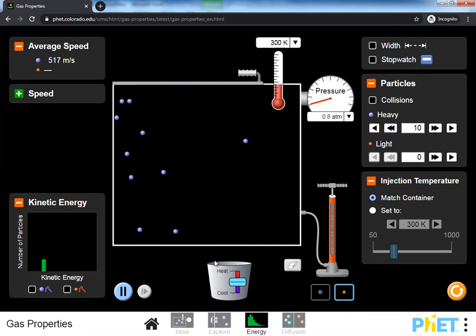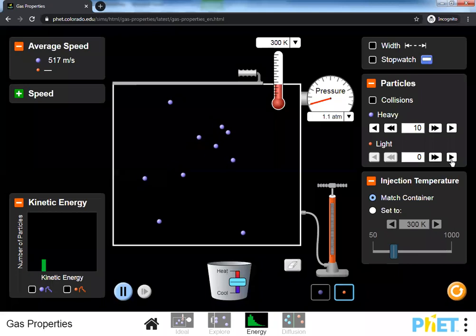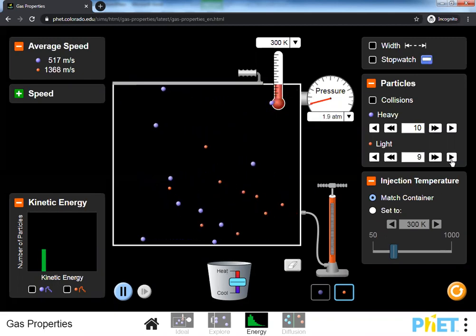Now, I can also add 10 particles of this. You can see that the kinetic energy kind of doubled again, because you have double the number of particles, but it did not change in terms of being different.